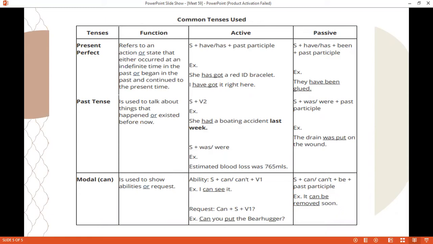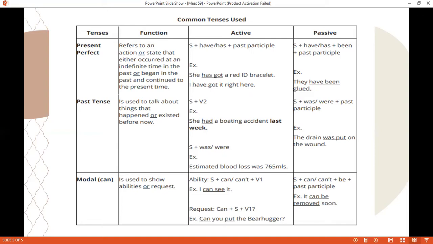And first, present perfect. The function of present perfect is to refer to an action or step that either occurred at an indefinite time in the past or began in the past and continues to the present time.